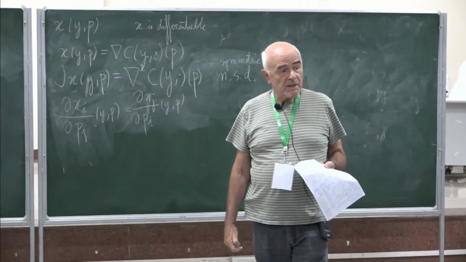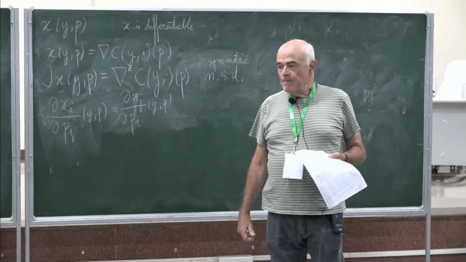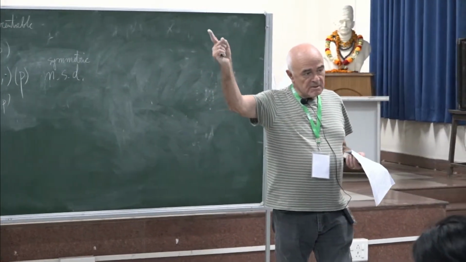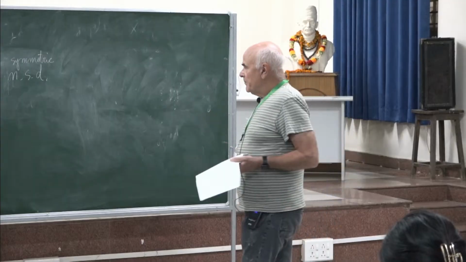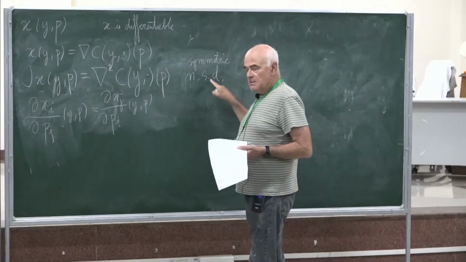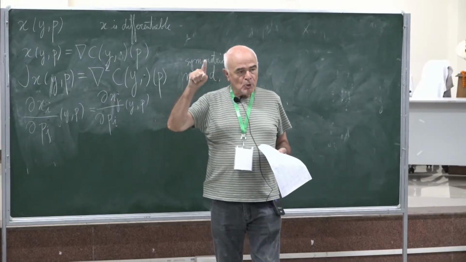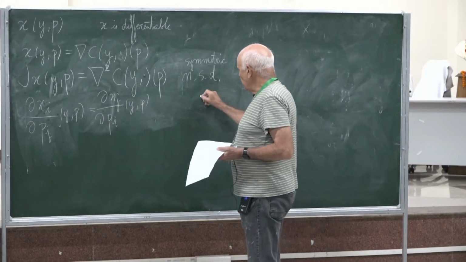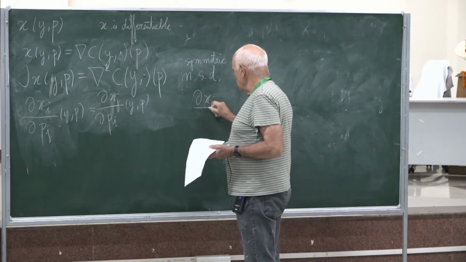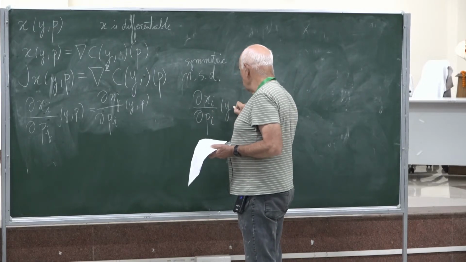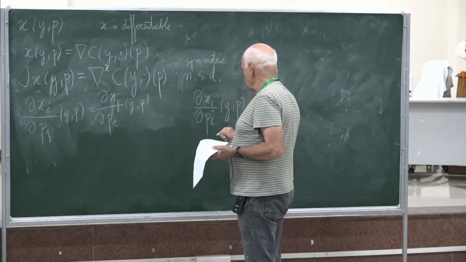Another result which you may think, well, this is not surprising at all. Then, if you tell me this, you will be surprised in a couple of days. A negative semi-definite matrix has non-positive diagonal elements. The diagonal elements are these.